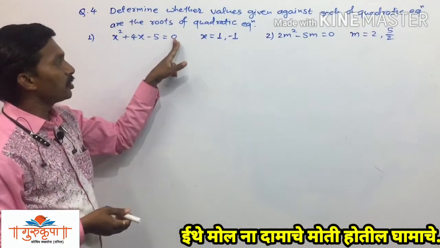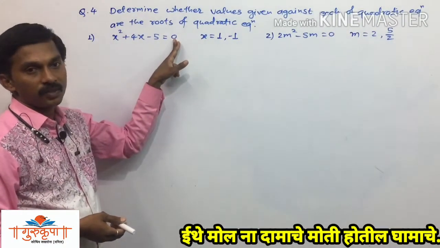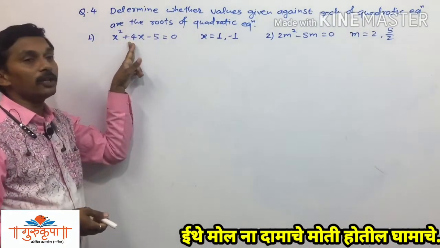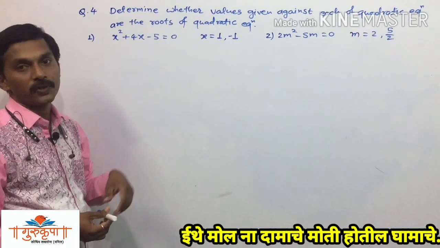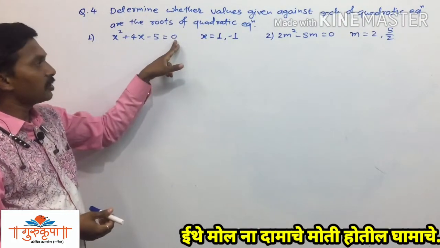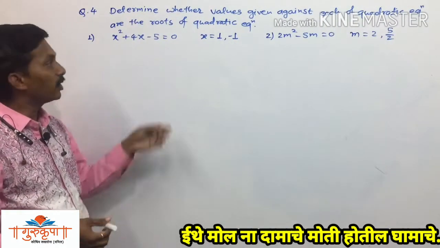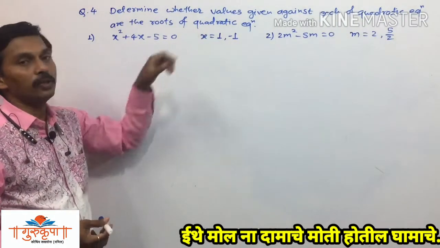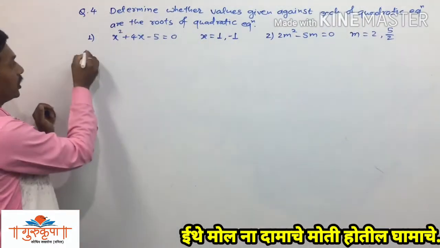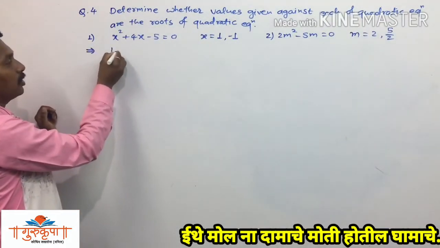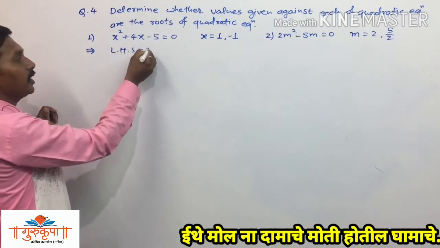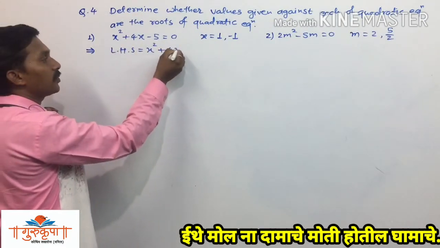As the RHS is already 0, we will just find whether the value of the LHS becomes 0 or not due to this value. So while writing the answer, we will write LHS only, that is x square plus 4x minus 5.